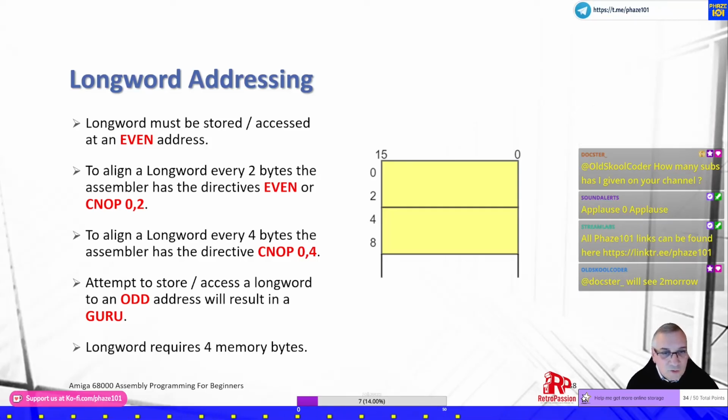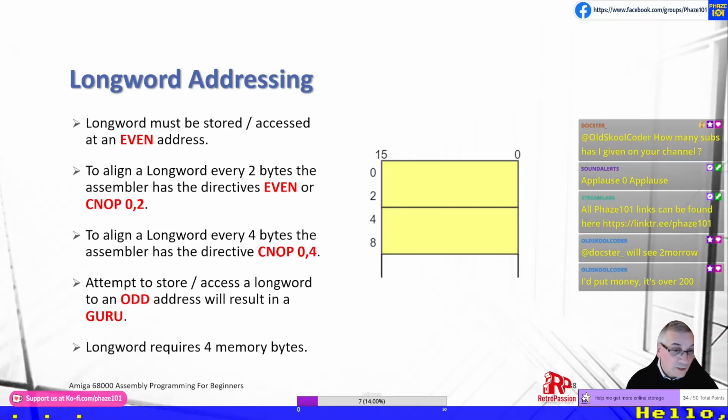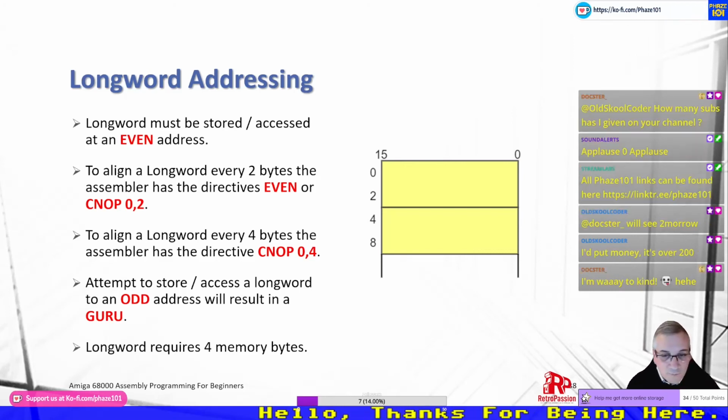Hence, we have two directives. One is EVEN, to align to the next even address, or CNOP 0,2. But to align it to every 4 bytes, or a number divisible by 4, we have CNOP 0,4.